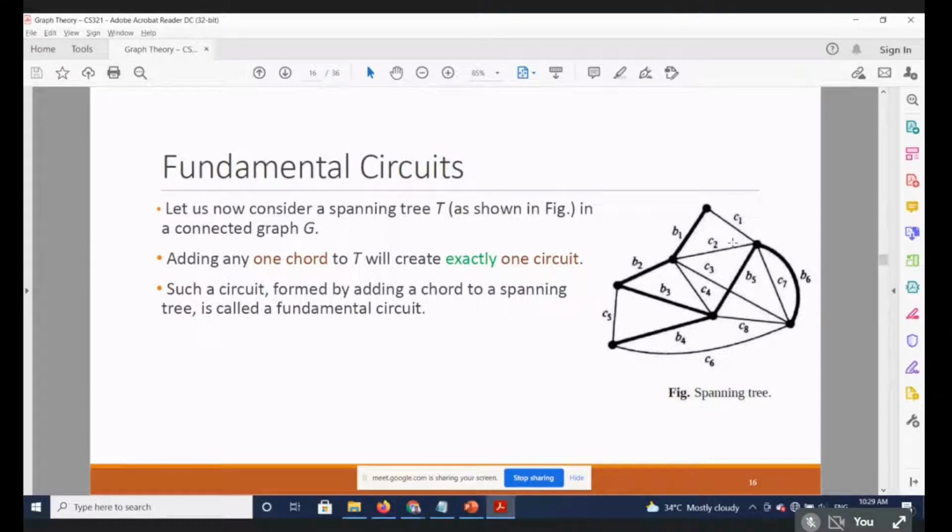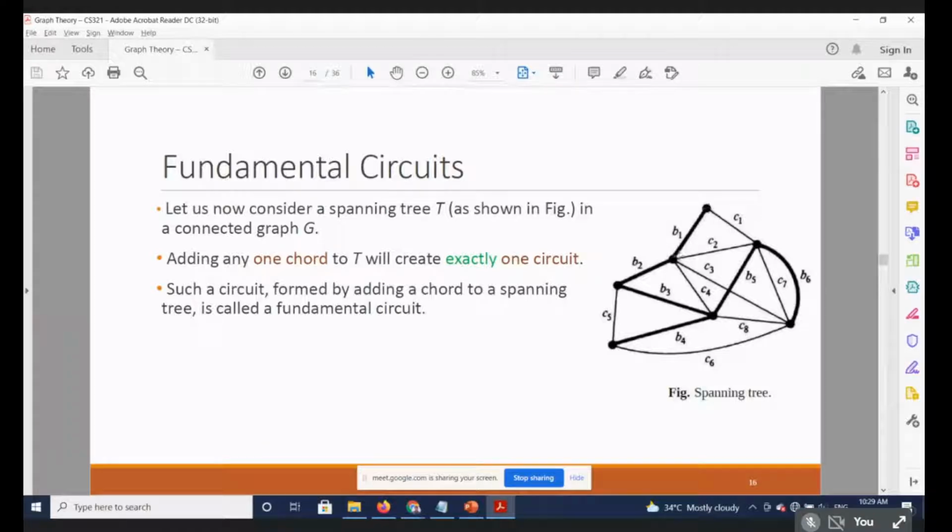Otherwise, it's not. So if I add 2 chords, like C1 and C2, there should be at most 2 circuits, not more than 2. However, adding C1 and C2 makes one circuit, this is the one circuit, and this is the second circuit.